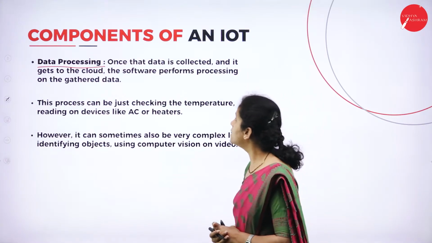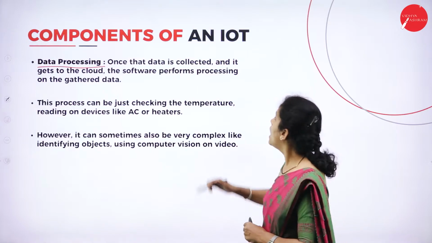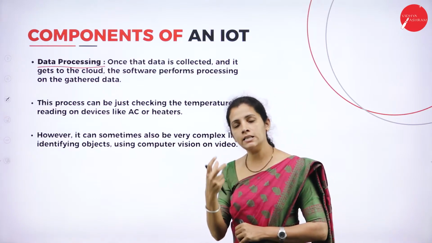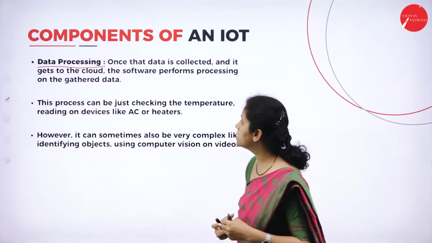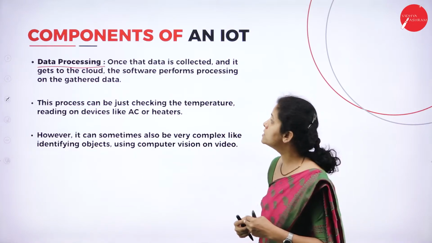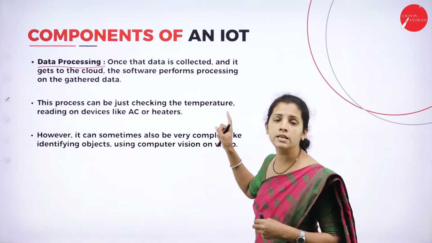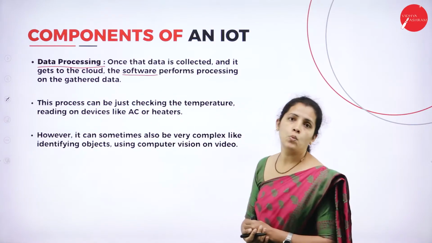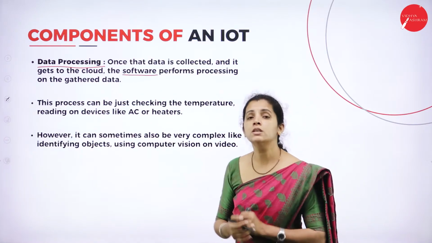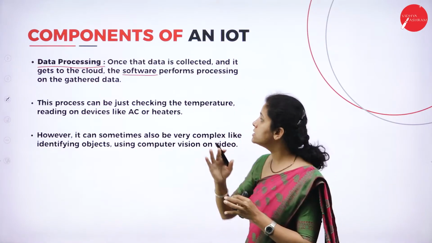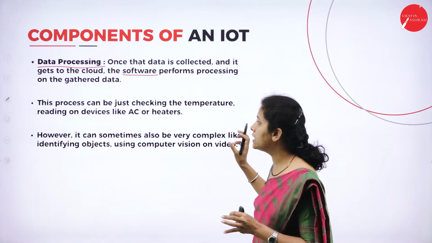Once the data is collected, it is stored in the cloud. Now, the software is responsible for processing the data. That means in IoT, we use software to execute or process the gathered data.